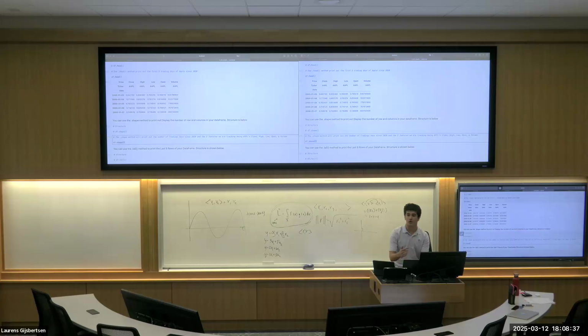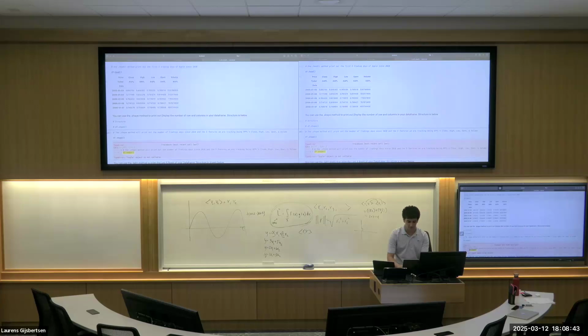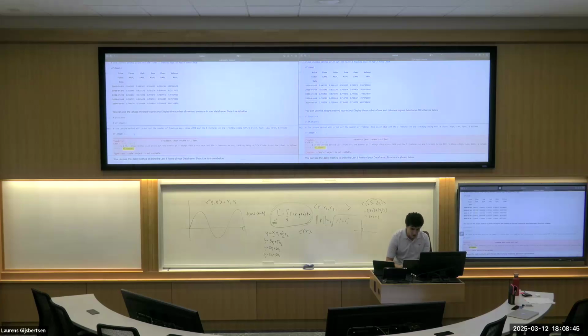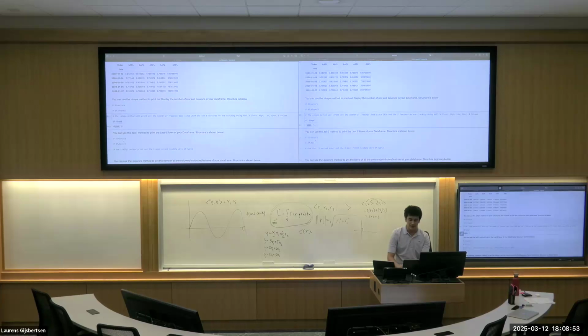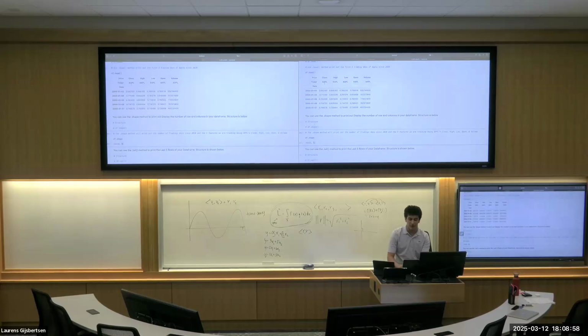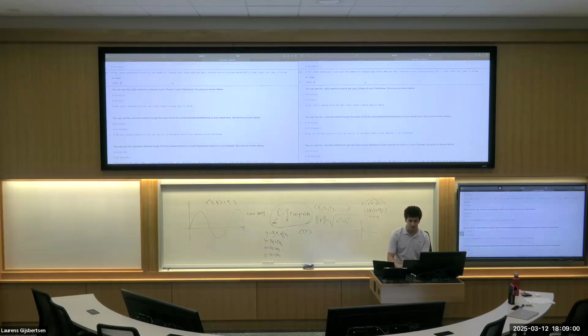By structure, I mean rows, meaning how many trading days, and columns, how many features of the stock price we're getting. Some methods don't have parentheses, so you do df.shape without parentheses. It's 6,333 trading days and 5 columns. Those 5 columns are close, high, low, open, and volume.